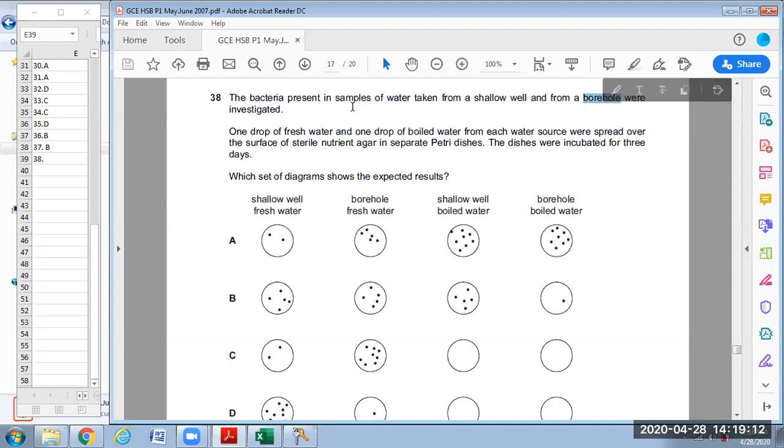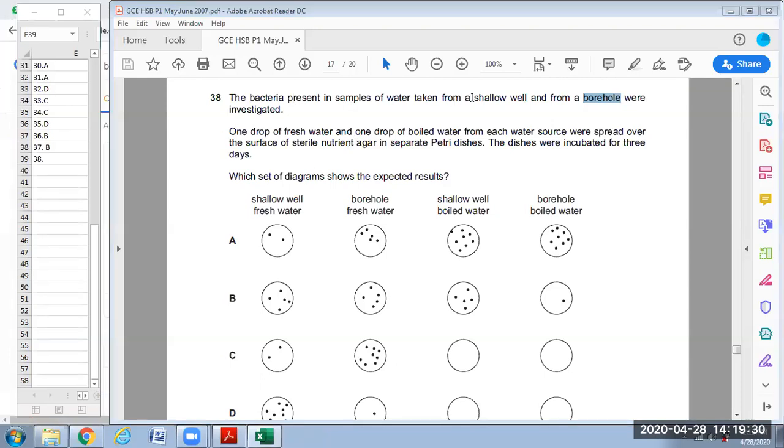A deep, narrow hole made in the ground, especially to look for water or oil. So it's a deep hole in the ground. All right, so one is from a shallow well and one is from a deep hole.